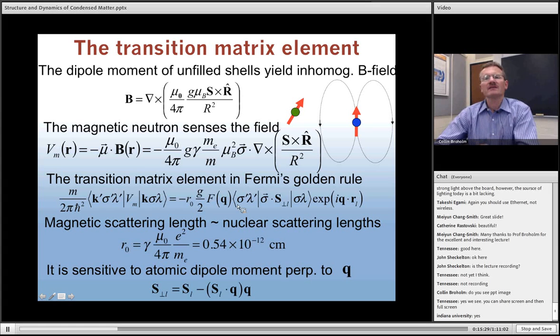Let me specify that a bit more. What I mean with transverse, I mean transverse to momentum transfer. So that spin density or dipole moments which are aligned in parallel to my momentum transfer of the scattering process, those actually will not give rise to magnetic scattering. So I have sort of a blind eye for any magnetization which is pointing in the direction of momentum transfer. And this is a result of the nature of the Fourier transform of this expression.